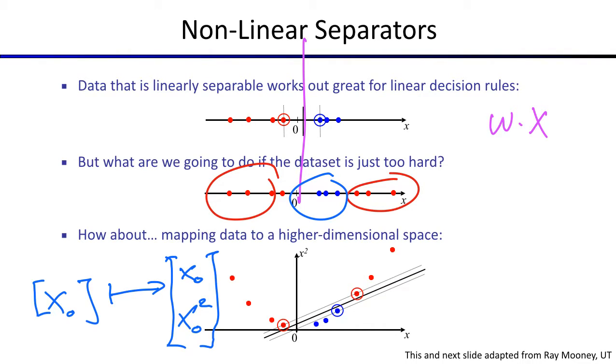And in this two-dimensional space, our data becomes linearly separable. In order to do this, either explicitly by writing this down or implicitly using something like the dual perceptron and a kernel function, we in any case need to know ahead of time what our feature representation or what our kernel is going to be. And so it's very easy to spend a lot of time sitting around thinking about the right way to choose these kernels or these hand-specified extra feature functions in order to make our data linearly separable if it doesn't start out as linearly separable.